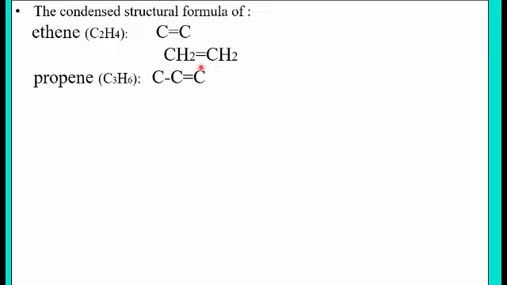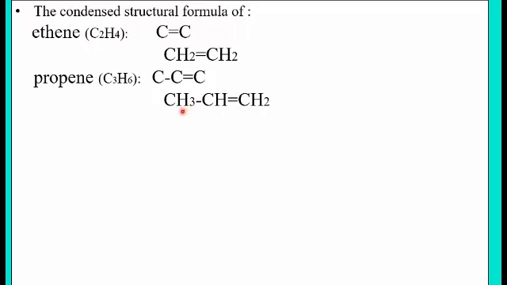For propene, C3H6, first we put the 3 carbon atoms and we put 1 double covalent bond between 2 carbon atoms, and between the other carbon atoms we put a single covalent bond. That is, in the condensed structural formula of an alkene, we have 1 double covalent bond and the other bonds are single between the carbon atoms. The first carbon atom makes 1 bond.